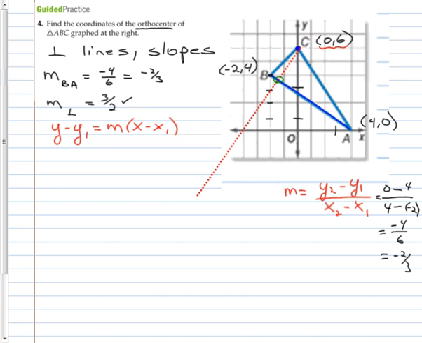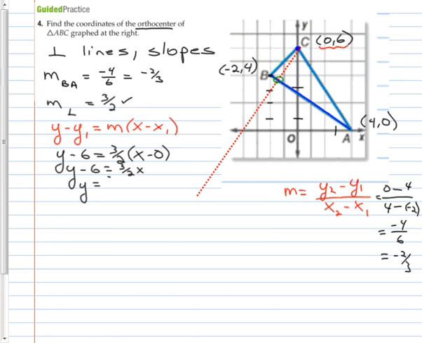I need to get that equation, so I'm just going to fill in the numbers. y minus 6, because that's what point C is, equals my slope, 3 over 2, times x minus 0. Now x minus 0 is just x, so I'm actually just going to write it that way: y minus 6 equals 3/2 x. I need to add my 6.